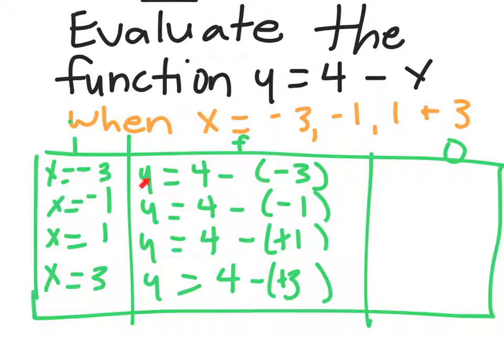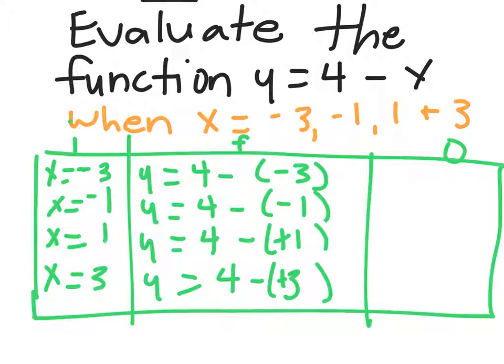And the first problem is, we rewrite our equation down here, and each time we put the different x variable right here. So on the first one, we have y equals 4 minus -3, and it's going to be the opposite of this.